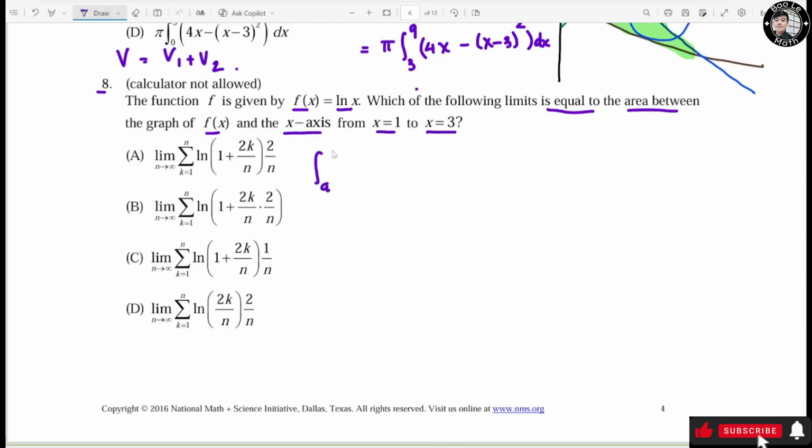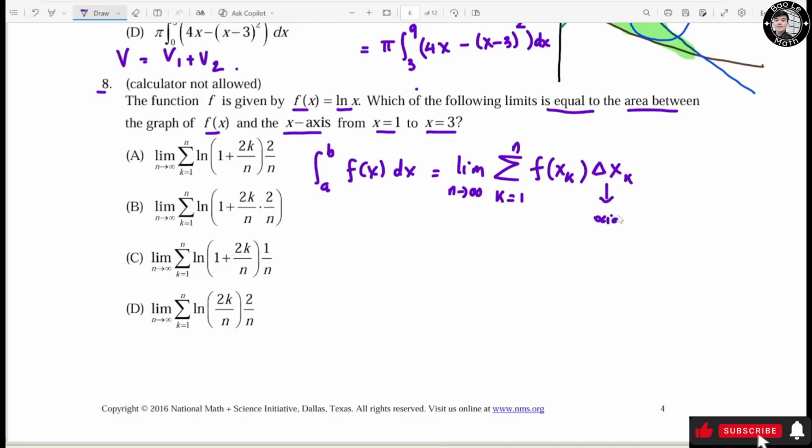the integral from a to b of the function f of s ds equals the limit as n approaches infinity of the summation, k goes from 1 to n, of f of s_k times delta s_k, where delta s_k is the width of the rectangle and this one is the height or the length.